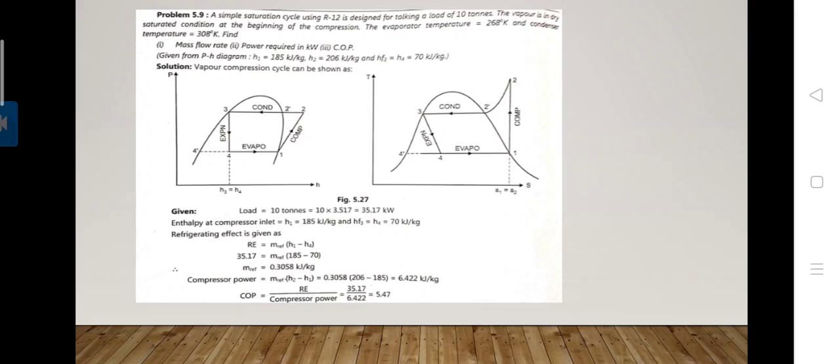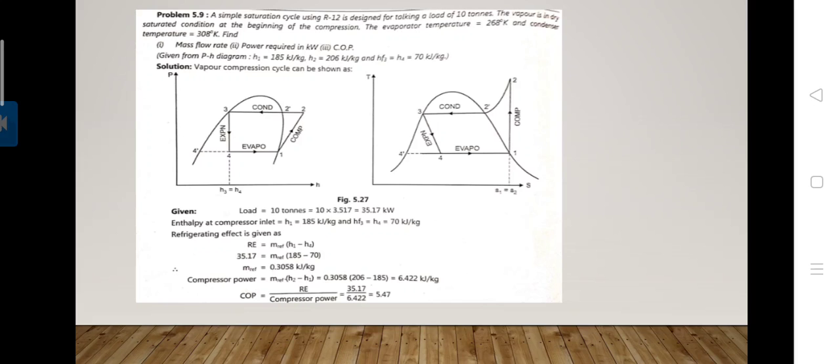So refrigerating effect is 35.17, and we have to calculate the mass flow rate, so we keep it as it is, and H1 is 185 and H4 is 70. So mass flow rate of refrigerant is equal to 0.3058 kg per second.